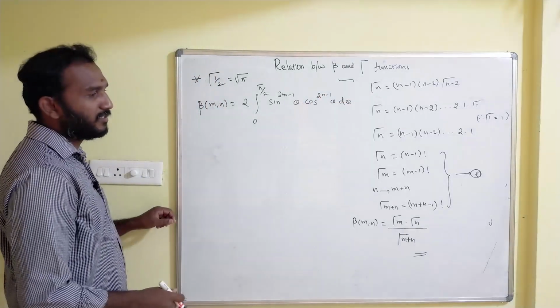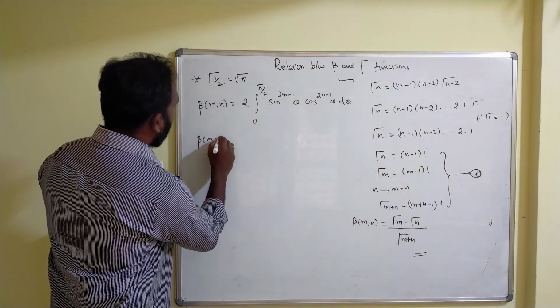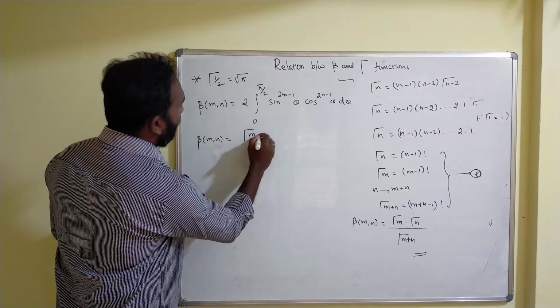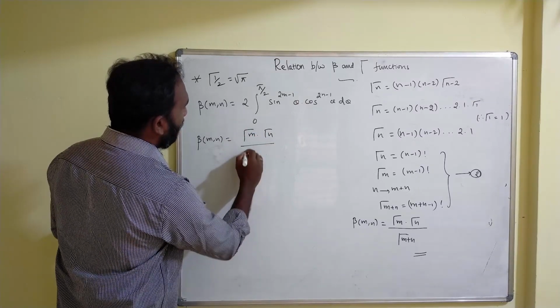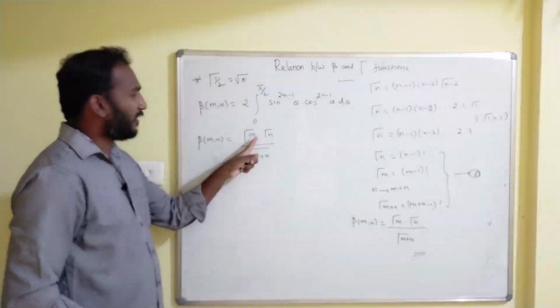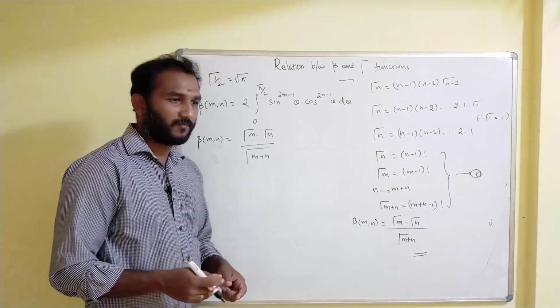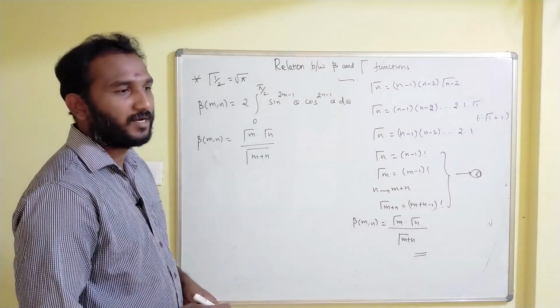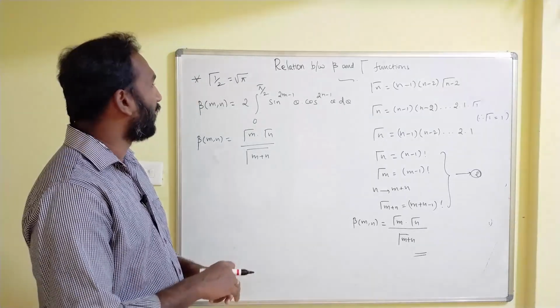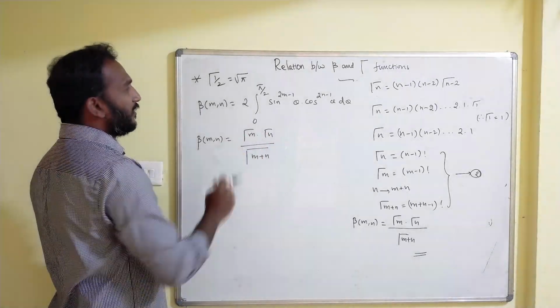Already we have that relation between beta and gamma function, that is beta of m comma n is equal to gamma of m into gamma of n divided by gamma of m plus n. And here you can write n comma m also, because the property of beta function is beta of m comma n can be written as beta of n comma m. So that you can write either m comma n or n comma m.